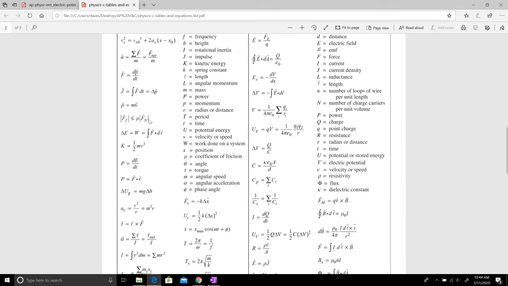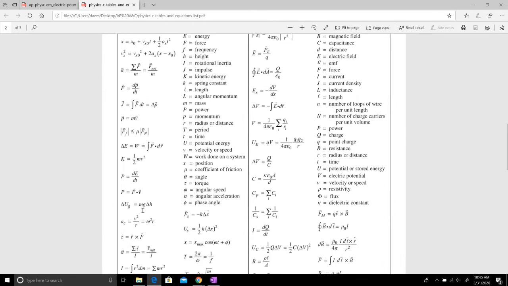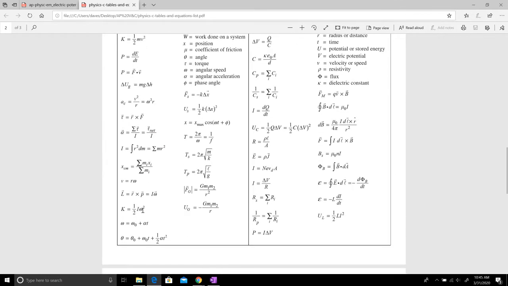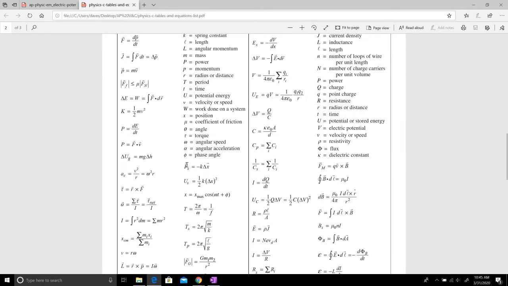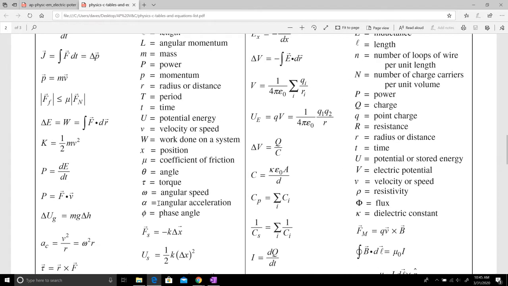Where does Hooke's law show up on this sheet? Seriously, Dave? Oh, it's right there.